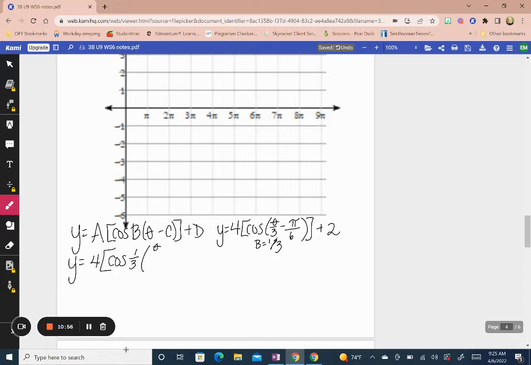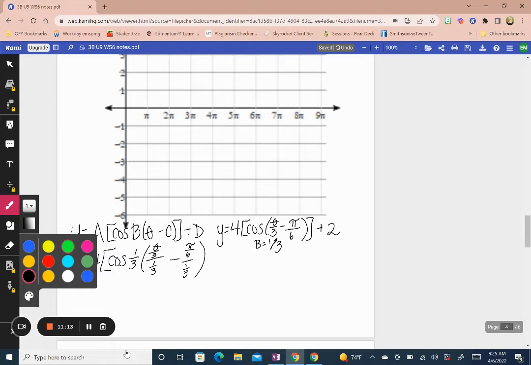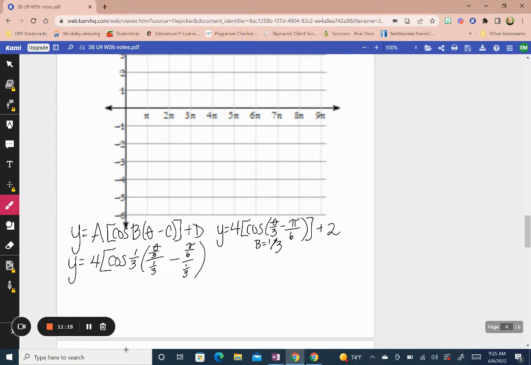So it's going to be theta over 3 divided by 1/3 minus pi over 6 divided by 1/3.